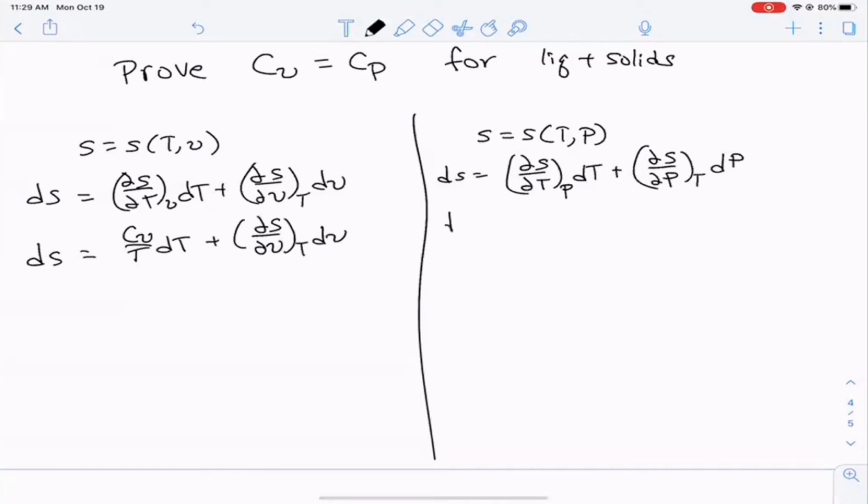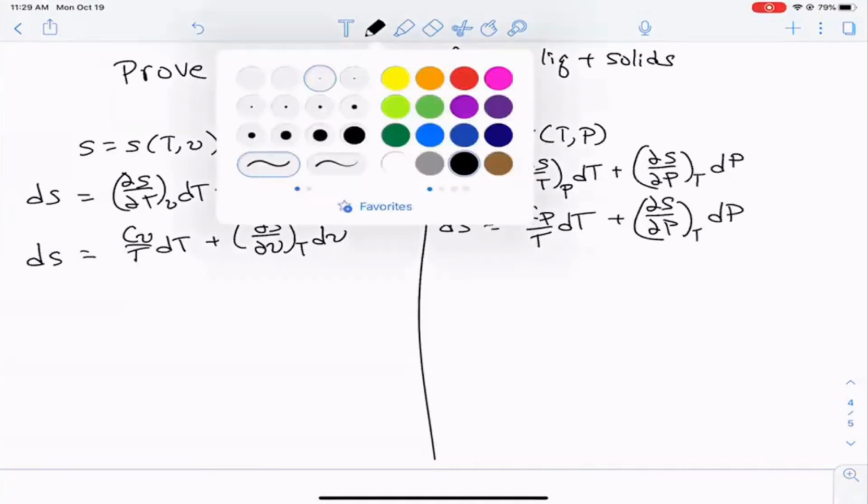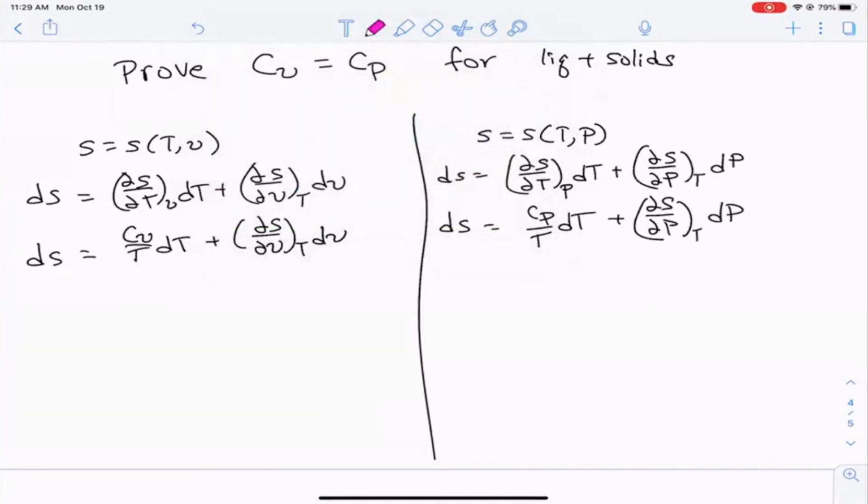And on the right-hand side, where this is a function of pressure, this is just Cp over T dT plus (∂S/∂P) at constant T dP. Now, what I can do is substitute the Maxwell relations I know. And I know that (∂S/∂V) at constant T equals (∂P/∂T) at constant V.